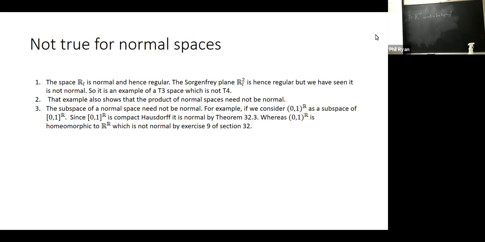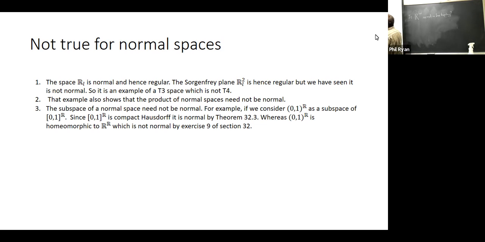It's compact because, in the product topology, it's a compact space by Tikhonov's theorem. It's Hausdorff, and so it's normal by a theorem from the next class: compact Hausdorff spaces are normal.